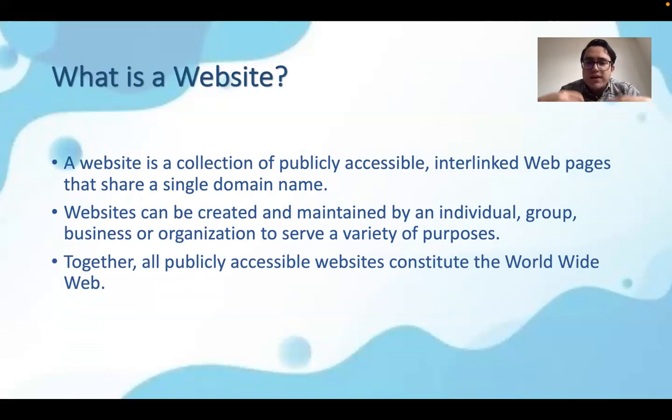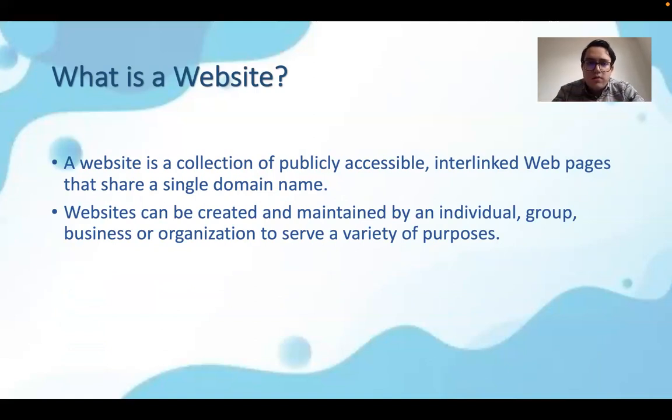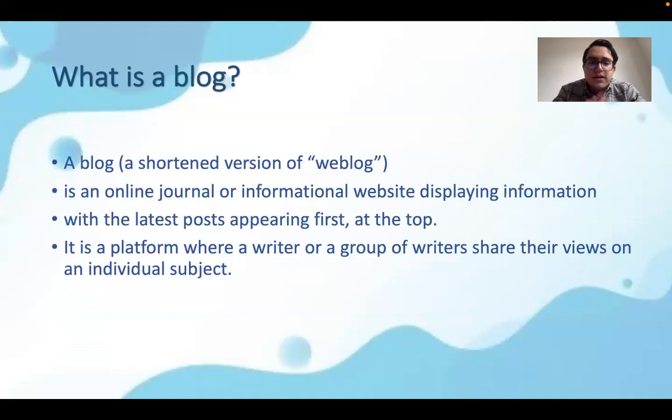So to make it in more simple words, a web blog or blog is basically something that is more personal. Maybe one person is posting about some event or about some interesting topic or about cats or about cooking. It can be a travel blog.